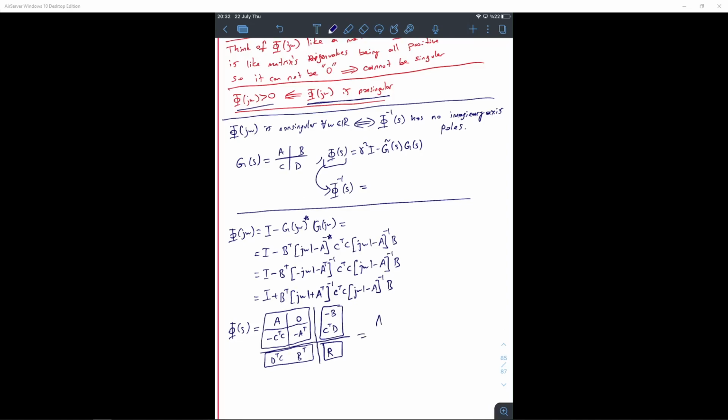This is like a hat, b hat, c hat, d hat, right? Of this phi of s transfer function.